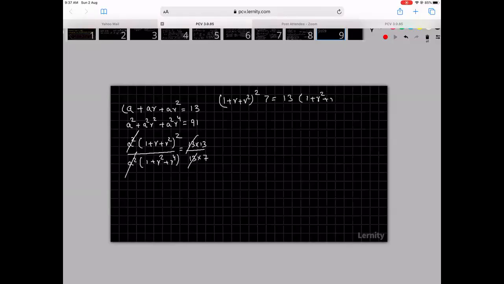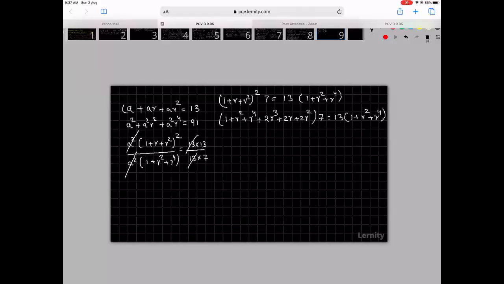Now I will expand this. I'll get 1 plus r squared plus r power 4 plus 2r cubed plus 2r plus 2r squared, this whole thing into 7, equal to 13 into (1 plus r squared plus r power 4). Now I will expand this.